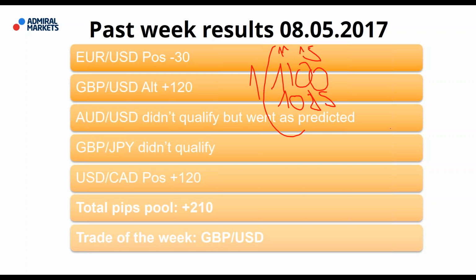We need to use that 30 pip buffer zone overall simply because we don't know where the price will stop and reverse. Because of that, we are using technical analysis and we are using so-called buffer zone to predict the possible price movement.